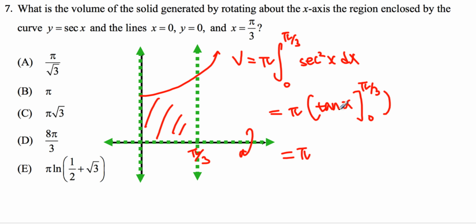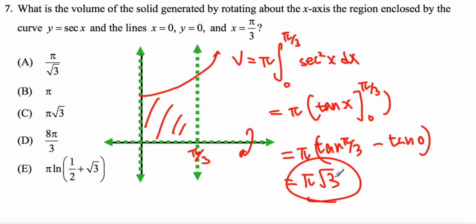Then we have pi, and here tangent of pi over 3 minus tangent of 0. Tangent of 0 is equal to 0, so we don't have to worry about that. Tangent of pi over 3 becomes radical 3, so we get pi times radical 3. So anything that has this will be our answer, which is choice C.